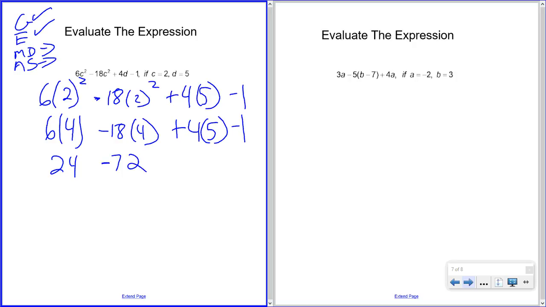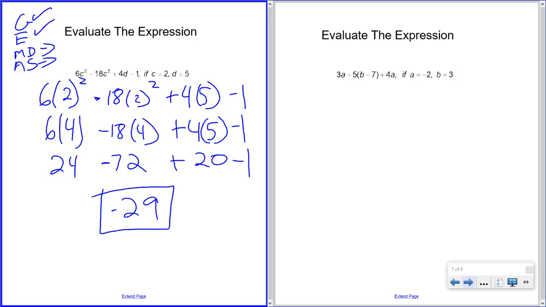And we'll just keep moving, plus 4 times 5 is 20, minus 1. Now, for the sake of time, we're just going to add that all up. 24 minus 72 plus 20 minus 1 is equal to negative 29. Negative 29. There you go. So that's your answer. So you guys see, it's possible to do it both ways, and you need to be able to do it both ways.